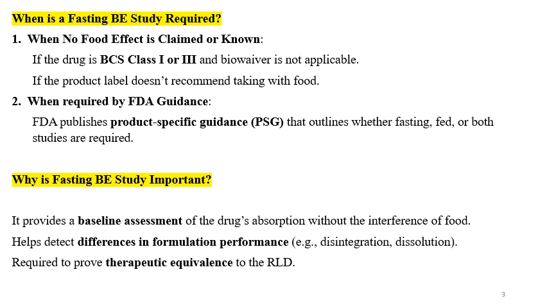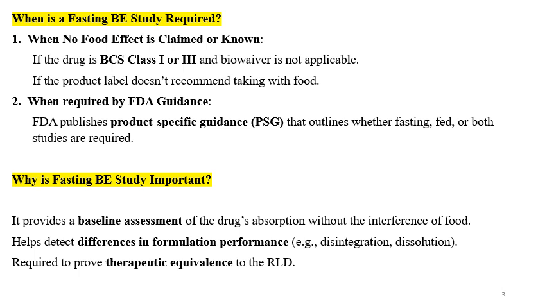If the drug is BCS class 1 or 3, belonging to the highly soluble type of molecule, and biowaiver is not applicable, at that time fasting state bioequivalence is required. Also if the product label doesn't recommend taking with food, or when required by the FDA guidance.